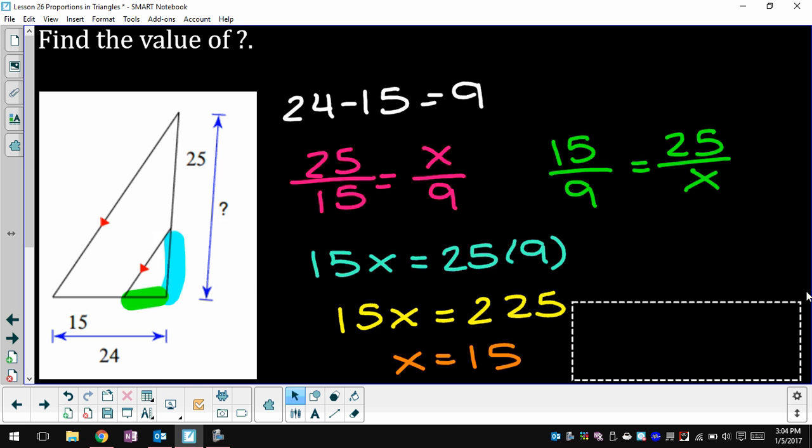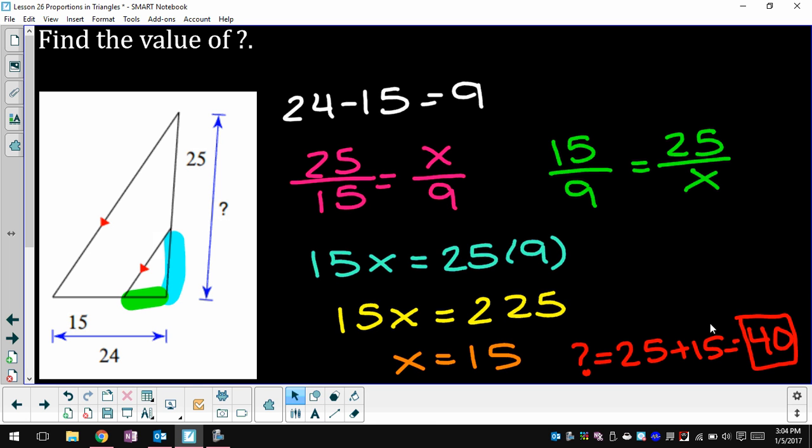Question mark is the whole side of the triangle, so I'll add 15 and 25 to find 40. Another possibility here would be to do the whole thing, question mark, over 25, and 24 over 15. So if you notice that or picked up on that, you'd be able to find your answer the same.